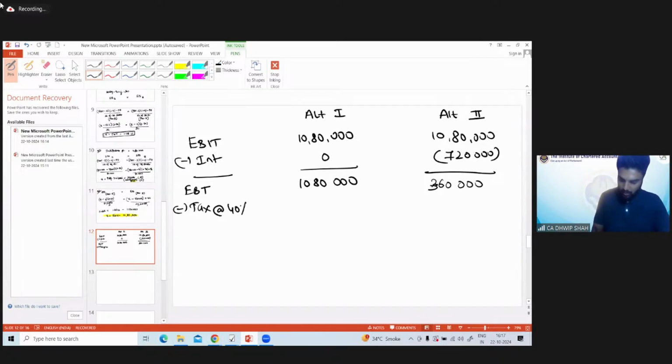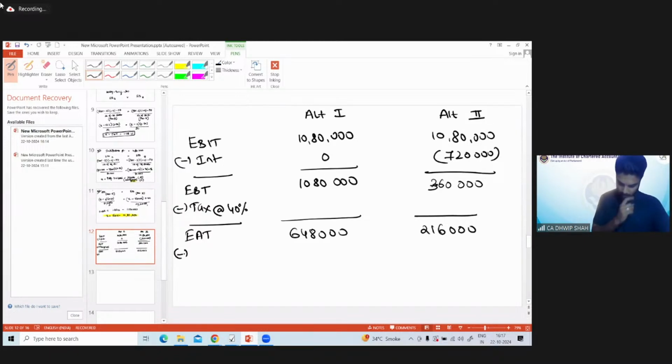At 40% tax, EAT is 1080 minus 40%, 648; 360 minus 40%, 216. Preference dividend is 0.